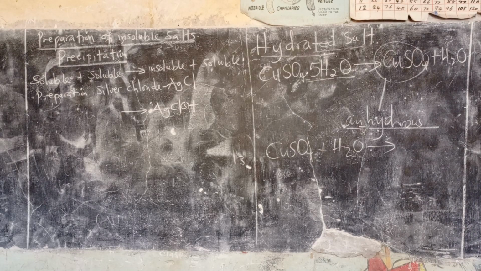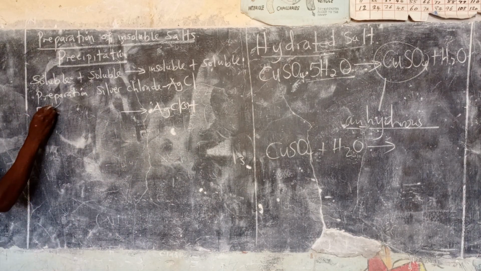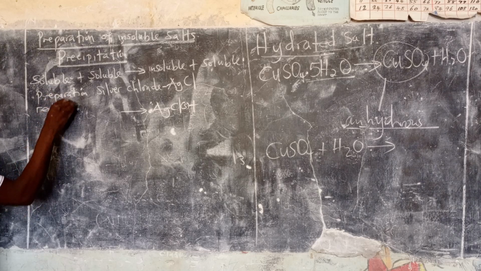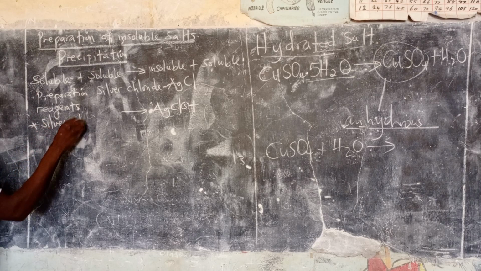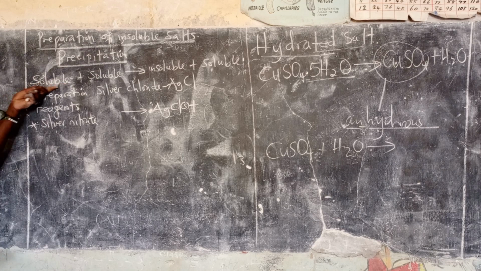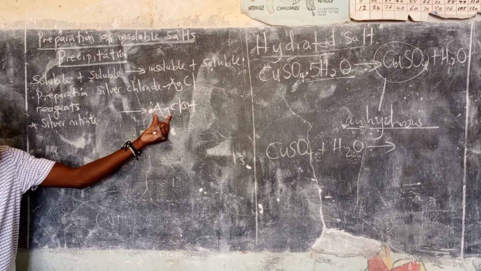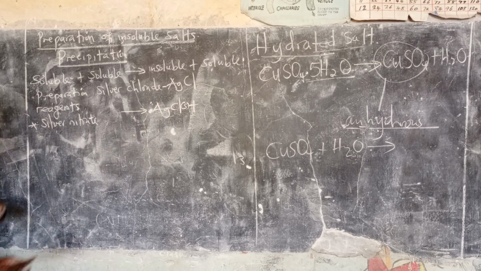We said all nitrates are soluble, so we can use silver nitrate. It's simple. So one of the reagents we're going to react is silver nitrate. Why silver nitrate? Because silver nitrate is soluble. We need something soluble that contains silver, and we need something soluble that contains chloride. Simple.